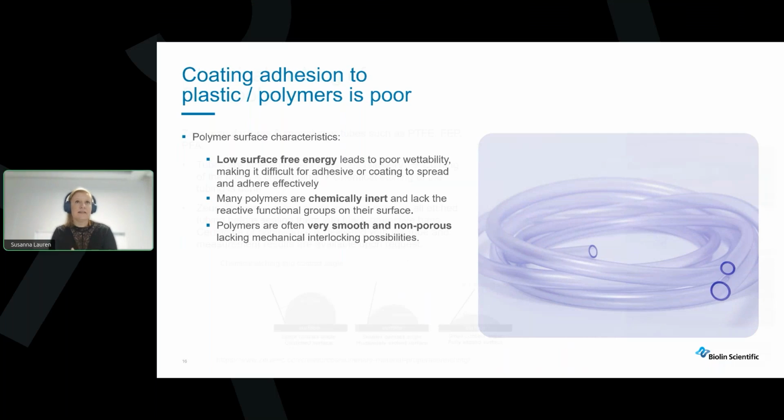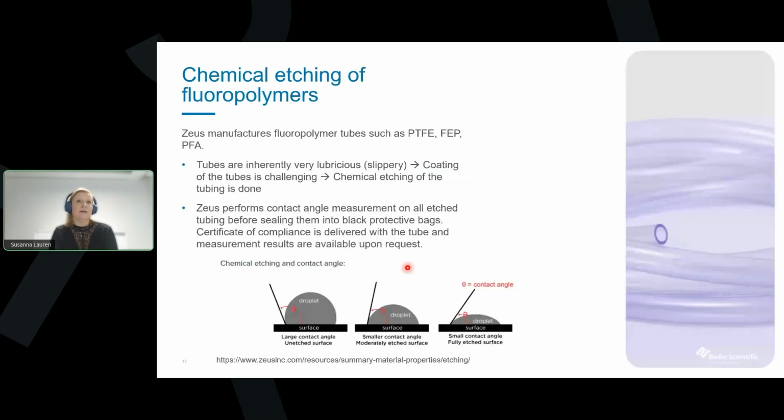And this is just one example of how fluoropolymer tubes are treated, and then the contact angle is used to study that surface treatment, or actually just to verify if that surface treatment has been successful.